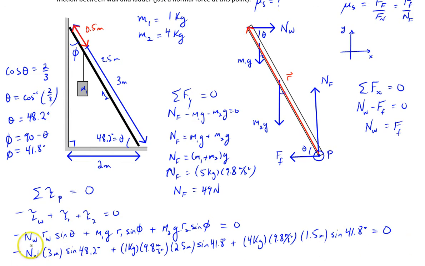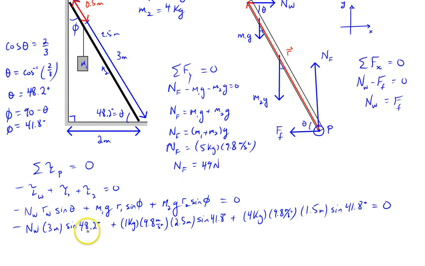Now I'm ready just to solve for this unknown force here. Okay, 3 times sine of 48.2. By the way, the meters here and the meters here all cancel out. So we're going to get negative N_W times this, which is 2.236 approximately, plus this torque, and all of this multiplied is going to give you 16.3 repeating, plus this, which will give you 39.2, and all of this equals 0.